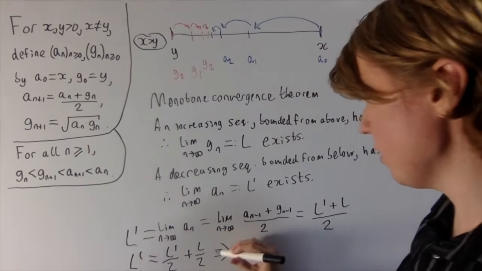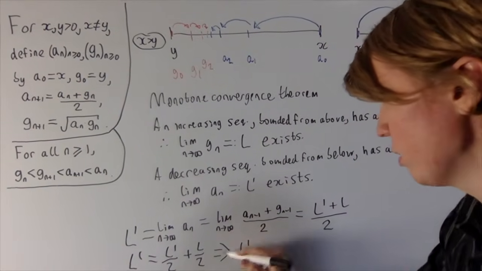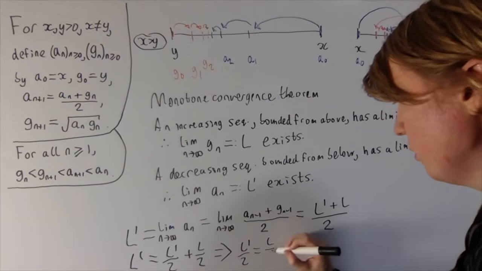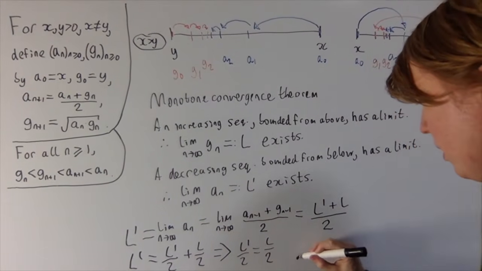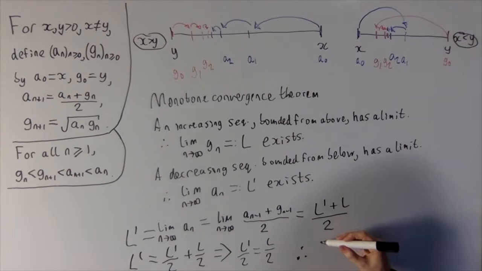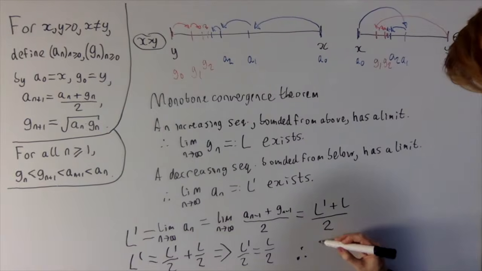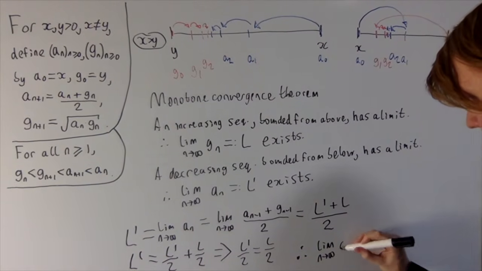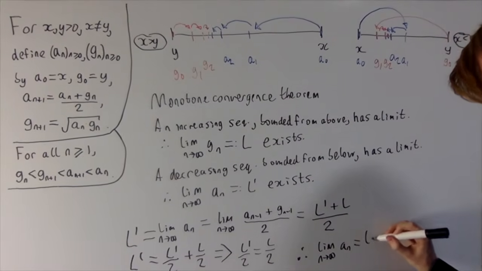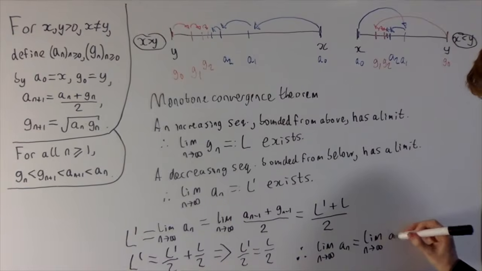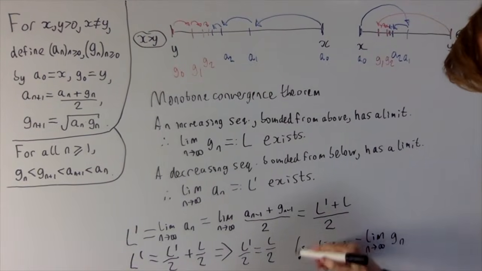So this tells us that if we subtract L prime over 2 from both sides, L prime over 2 equals L over 2. And therefore, L prime is equal to L. So we can conclude here that the limit as n goes to infinity of An is equal to the limit as n goes to infinity of our sequence Gn. So this is really nice.